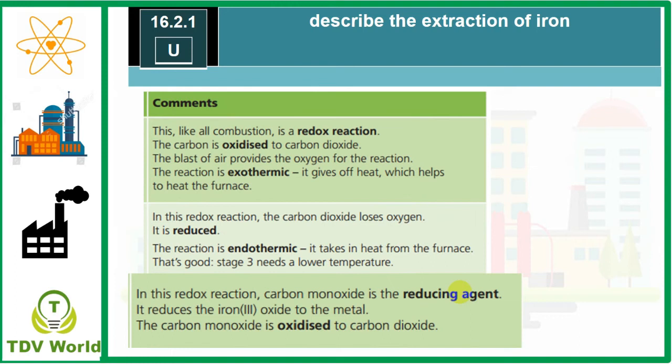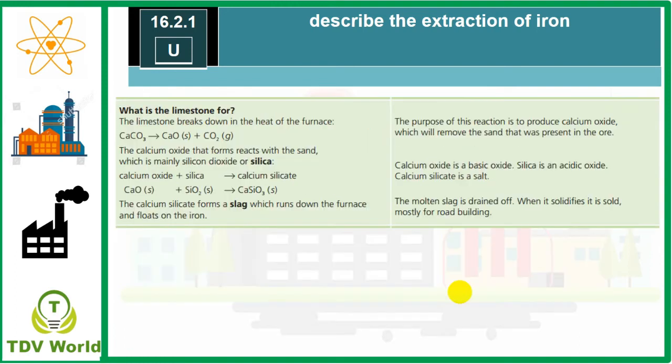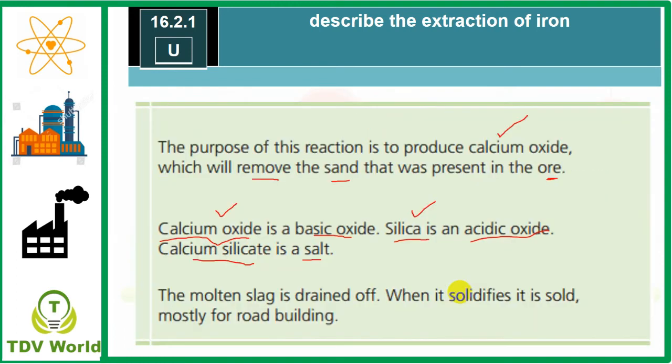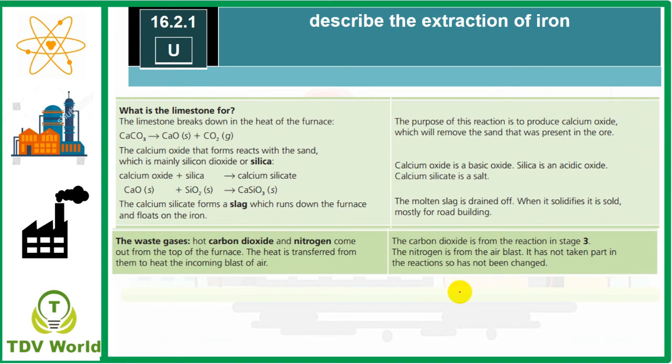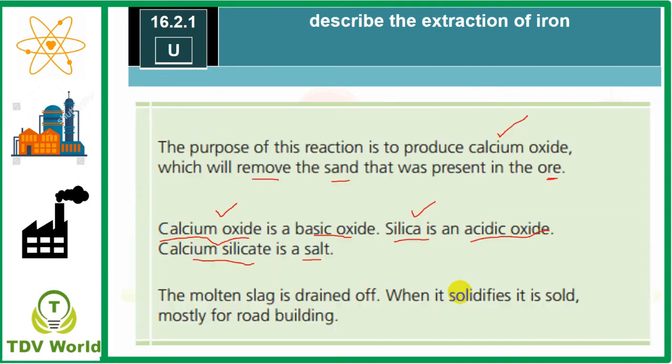So in stage 3 we have carbon dioxide, and that is a waste gas, and the nitrogen is from the air blast. It has not taken part in the reactions, so it has not been changed. Nitrogen is from the air blast. So you should remember these reactions, right?